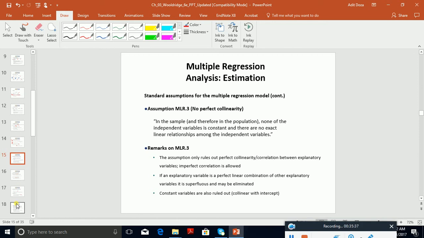No perfect collinearity. We didn't have collinearity issues for a simple regression model. Why? It's just one variable. How can it be collinear, right? But now when you have more variables, if the VIF is greater than 10, that means there's perfect collinearity in the model.